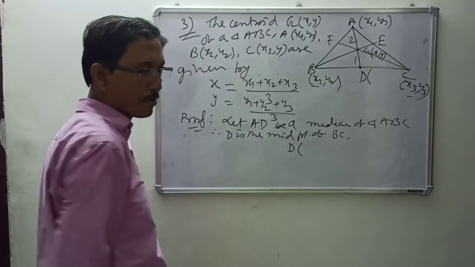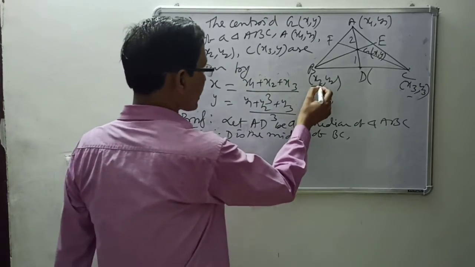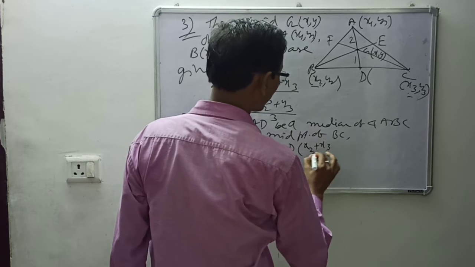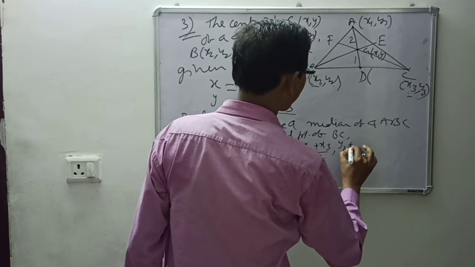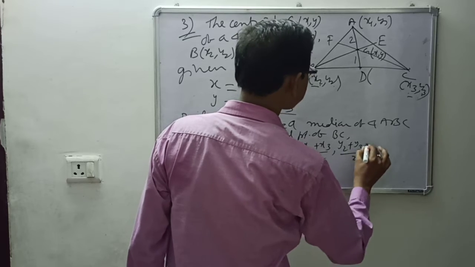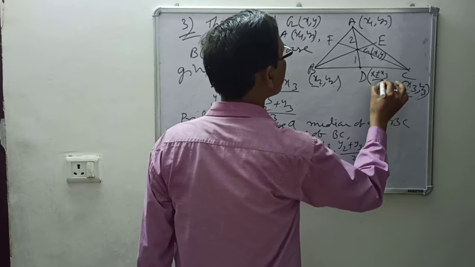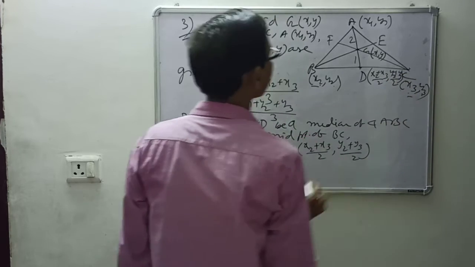By the midpoint formula we get, x2 plus x3 by 2 and y2 plus y3 by 2. That is the midpoint you got.